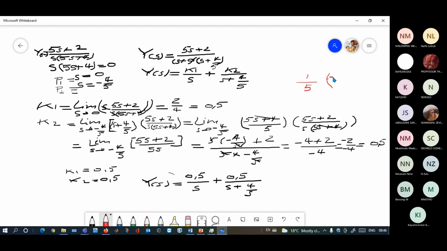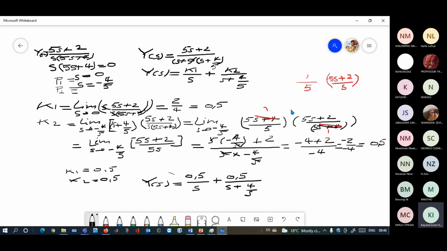That's gonna be over 5 s plus 2 over s. Okay, because this one, when you cancel this one here and you cancel that one, here you're gonna have 1, and there you're gonna have 1 times this s that was already there. So this is s. This is s. It's not 5. This is s times that. This s there. So you're gonna have. Let me just put it clean. Yes, in a good way.